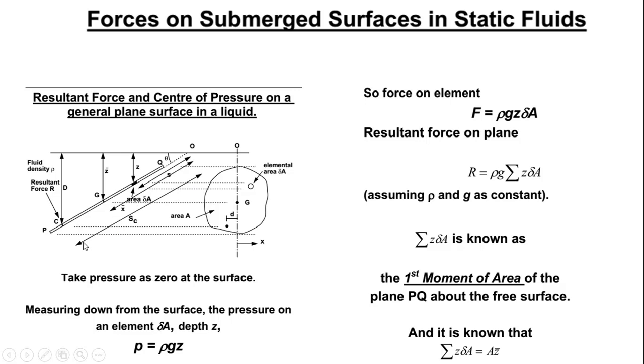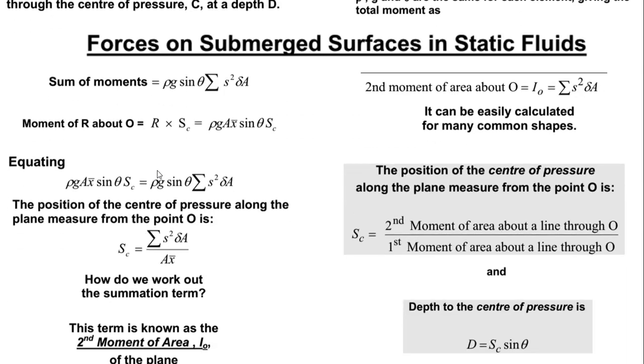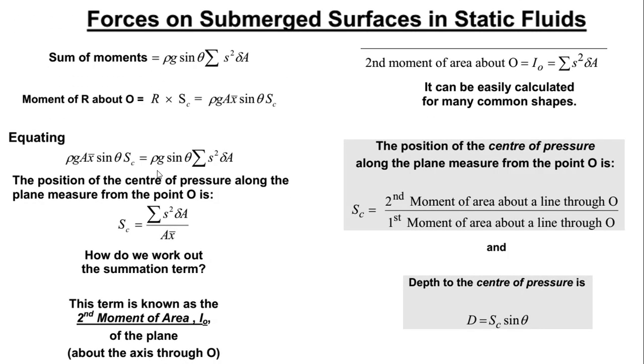For us to calculate the depth, which is from the surface to the point at which the resulting force is acting, we've got angle theta here, so sine theta is opposite over hypotenuse, so D over SC. In other words, to find D, we can write D is equal to SC sine theta. That's how we will be able to find our depth to the center of pressure.